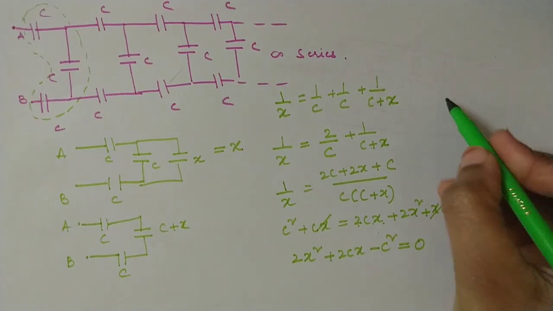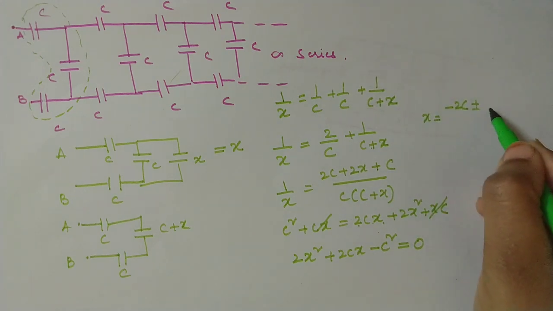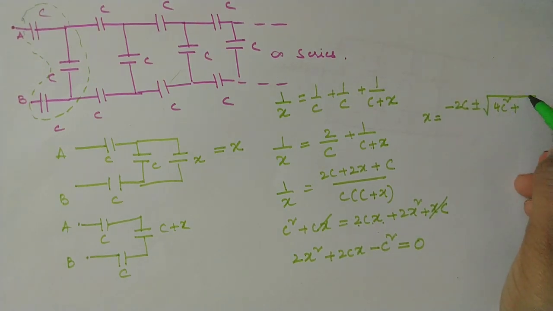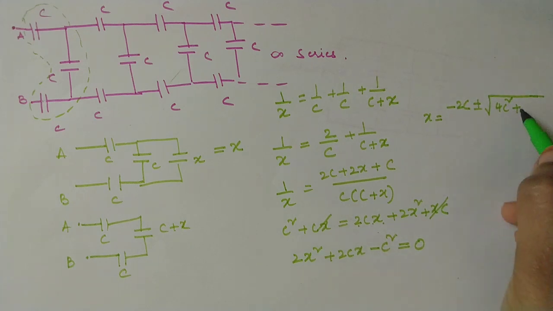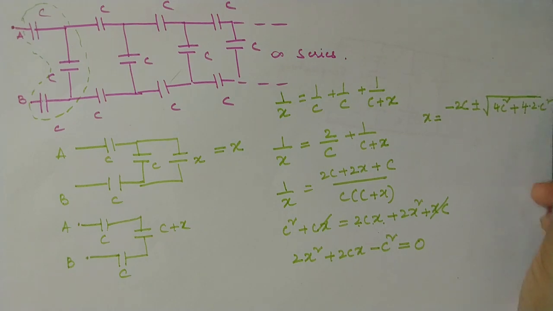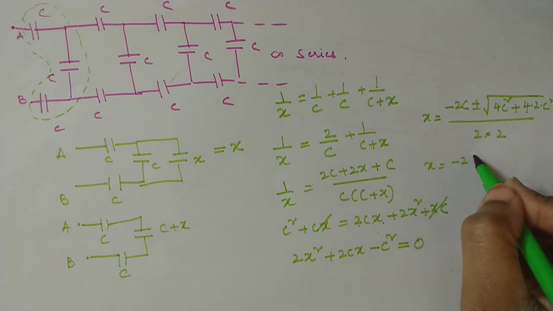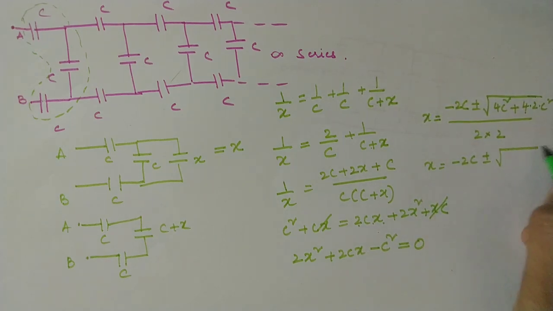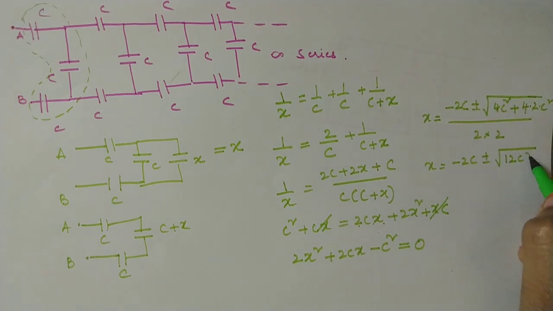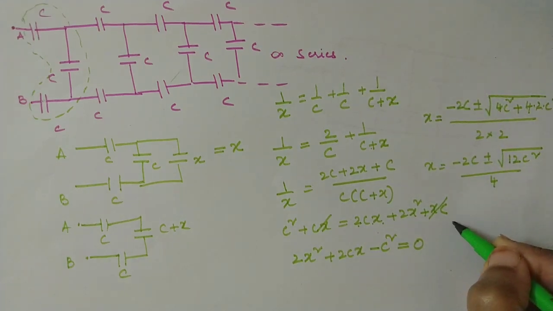So what are the roots of this quadratic equation? X is equal to minus B plus or minus under root B square minus 4AC, where B is 2C, minus of minus will anyway become plus, 4 into A is 2 into C square, divided by 2A, that is 2 into 2. So X should be minus 2C plus or minus under root 4 plus 8, that is again 12 C square, divided by 4.